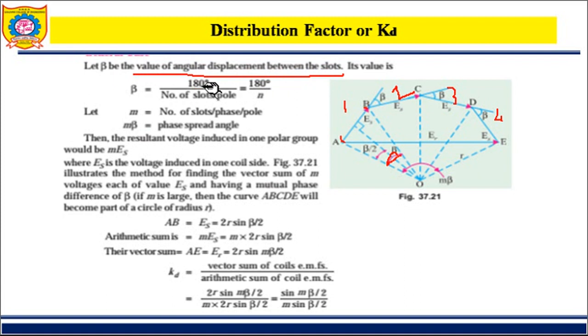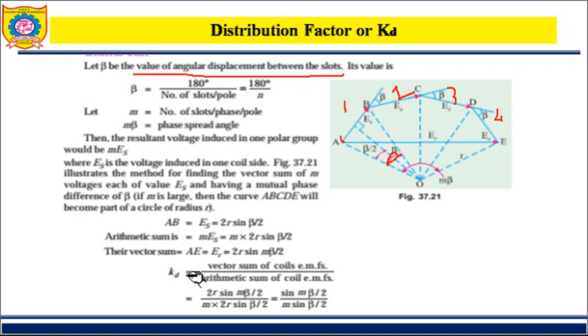Beta is defined as 180 degrees divided by the number of slots per pole, which is taken as n. Now let's define a few terms. m equals the number of slots per phase per pole, and m beta is equal to the phase spread angle.